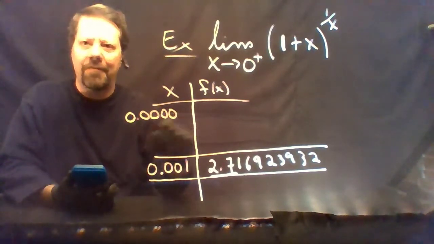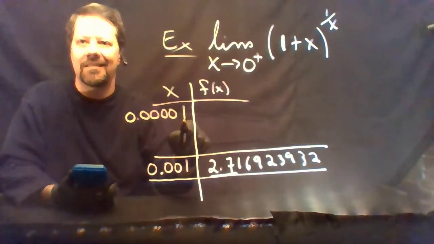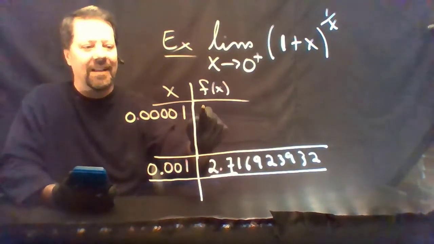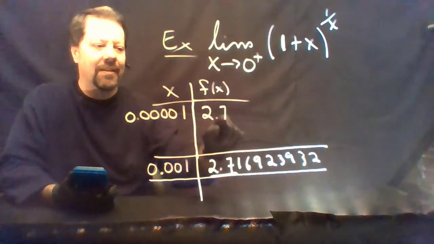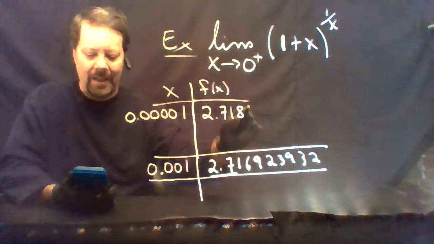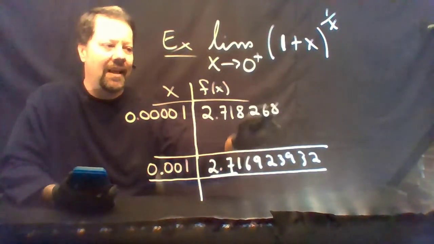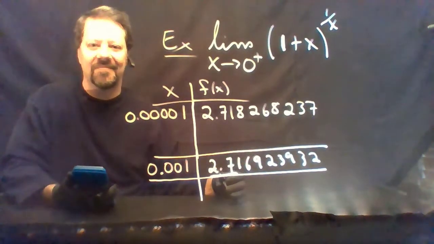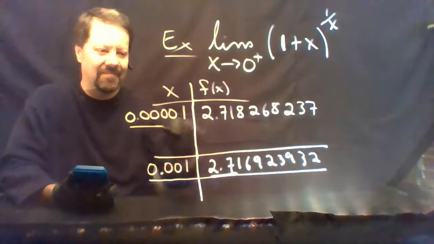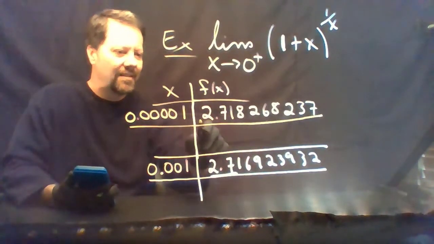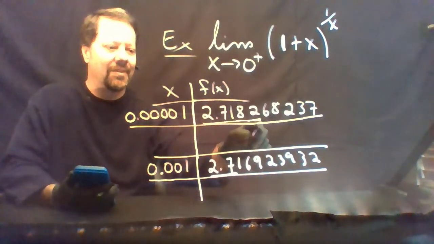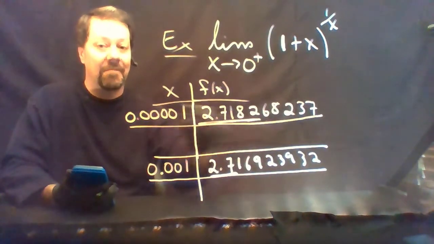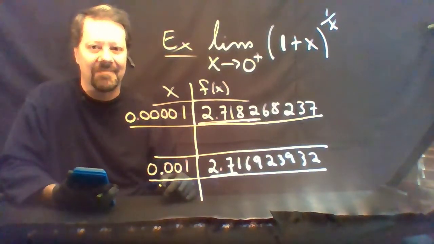Let's put in 4 zeros and then a 1. My calculator is giving me 2.718268237. These digits, .7182, are all going to be numbers in the final answer for this limit.